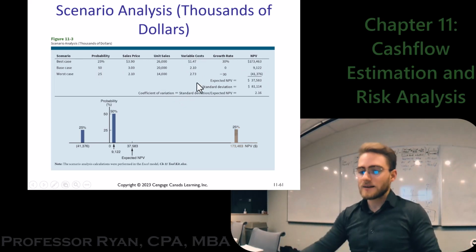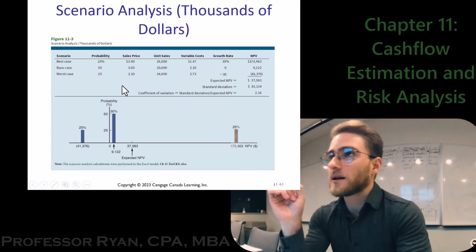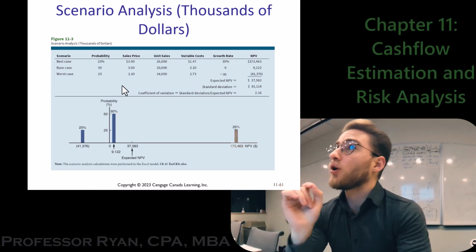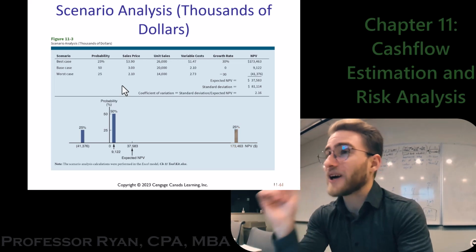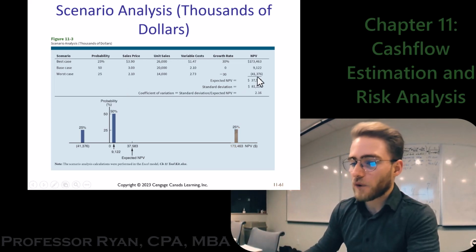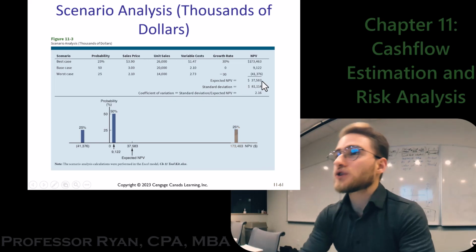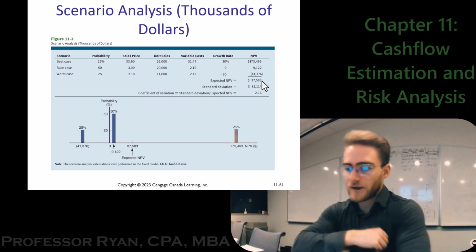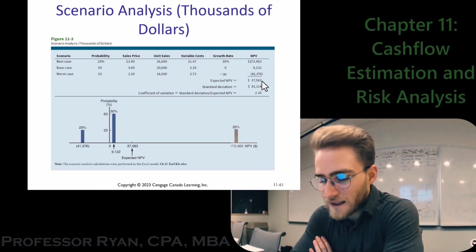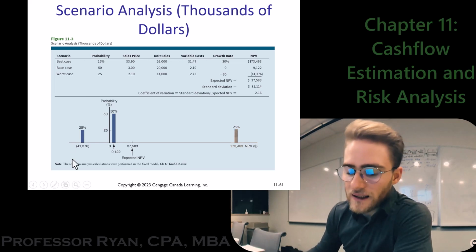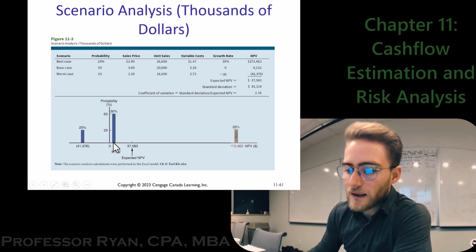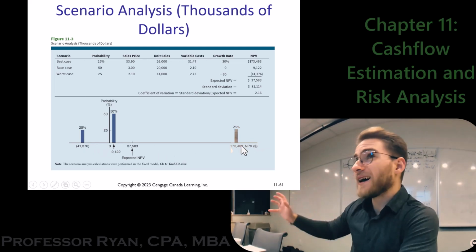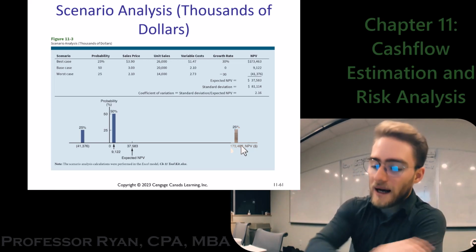But in my worst case, say my sales price is 30% lower than I expect, my unit sales are also 30% lower than I expect, and my variable cost is 30% higher than I expect, I'm losing about $41 million, okay? So the impacts compound, right? But what we do see is that between the base case and the best case versus the worst case, the upside is a lot better than the drawbacks, right?